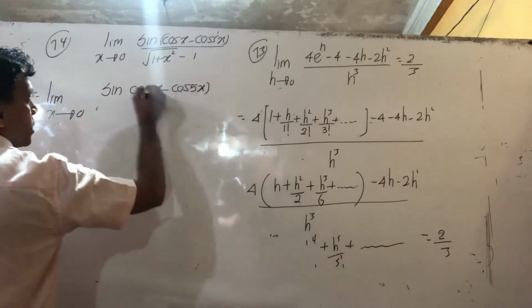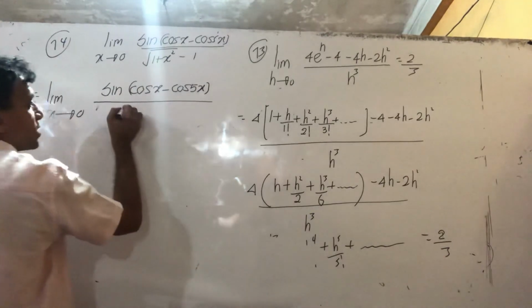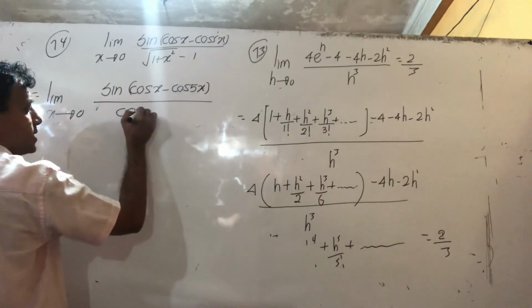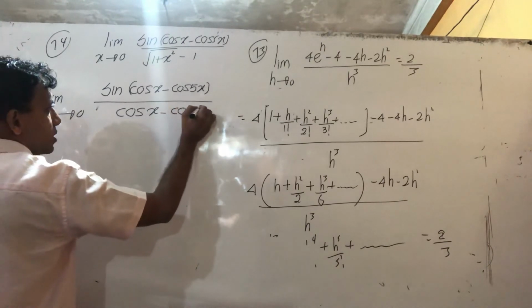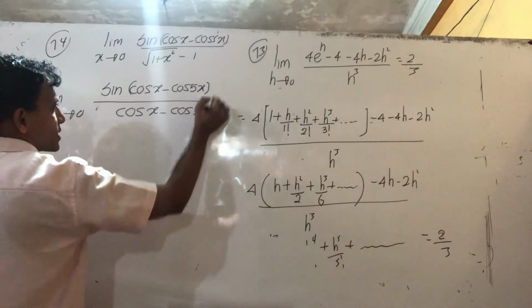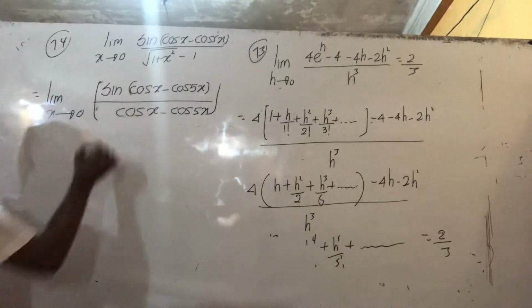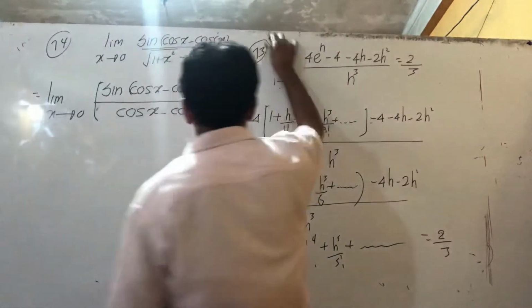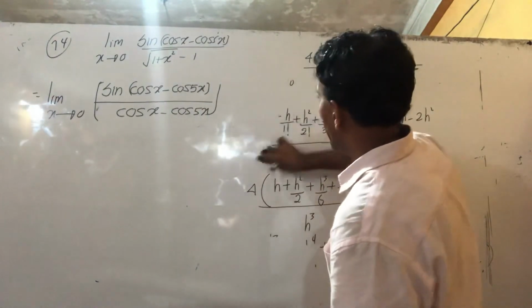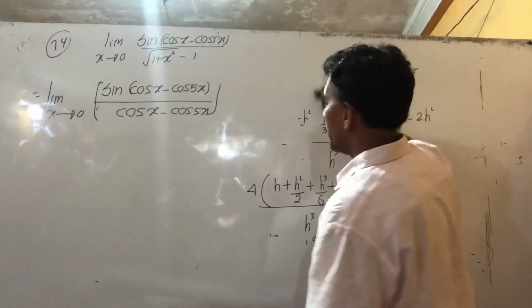Then what is below without the sine? Sine theta over theta form, right? Check, is it okay? Sine theta over theta form. And what the additional part is, rearrange that part.